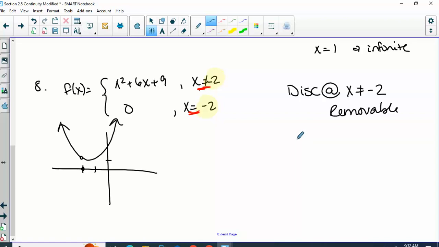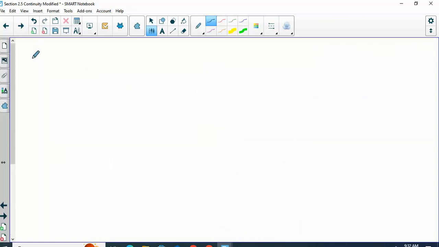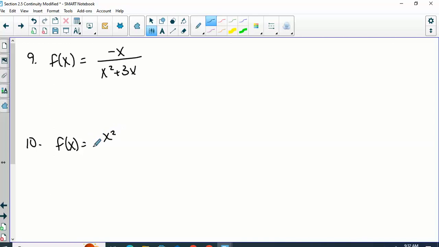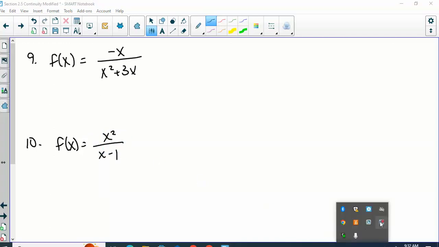All right. Take a second and look at 9 and 10 and see if you can identify. Correct.